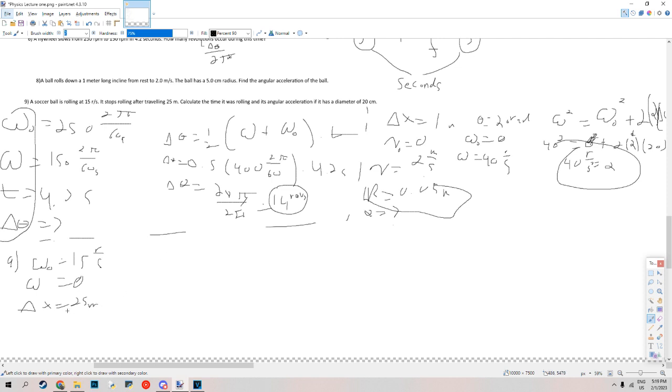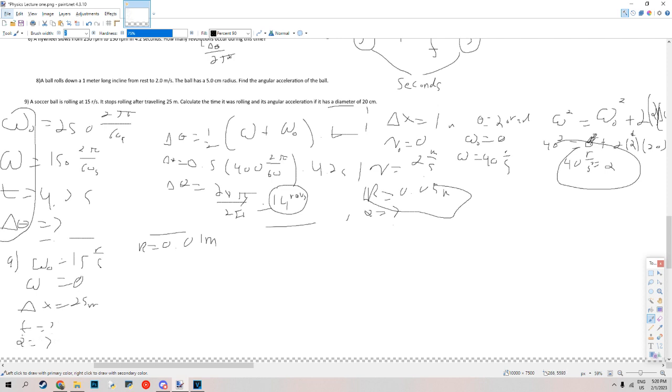And it wants us to find the time and the angular acceleration. And it tells us that the diameter, not the radius, diameter is 20 centimeters, and that just means that the radius is 0.01 meters.